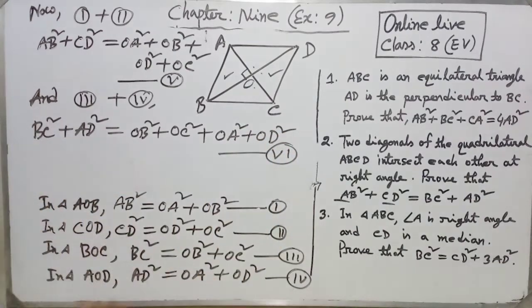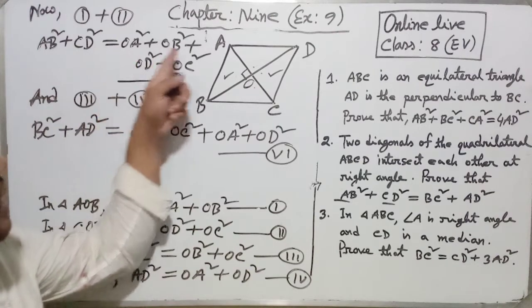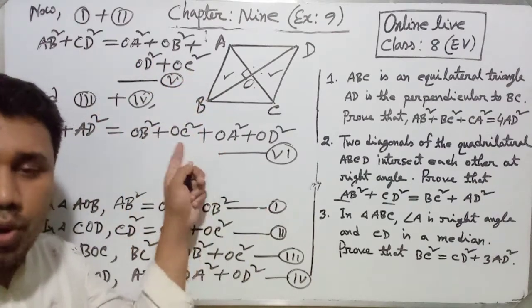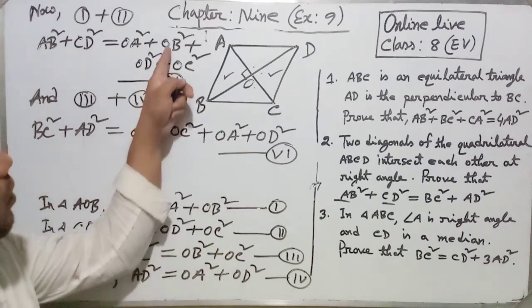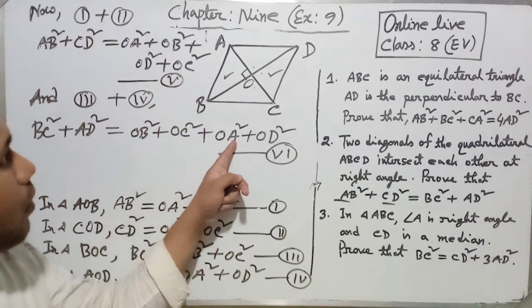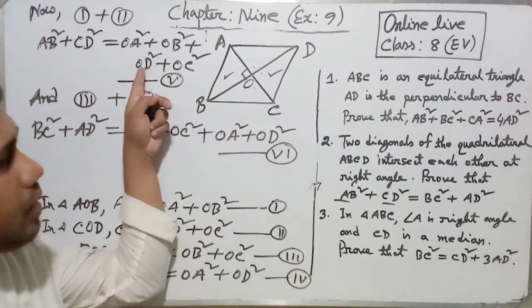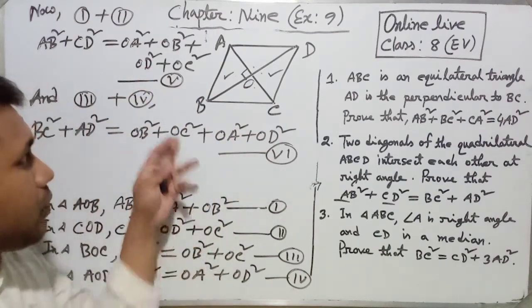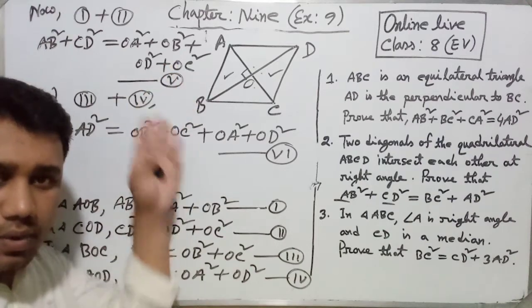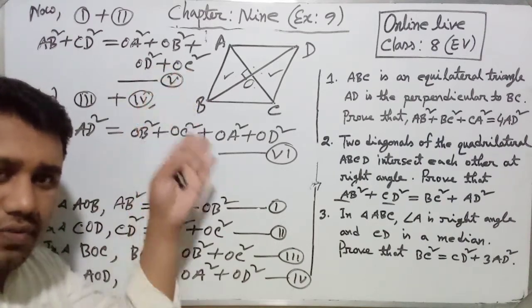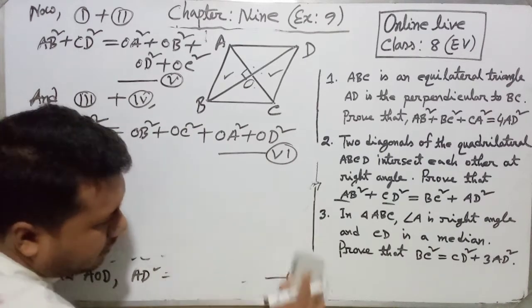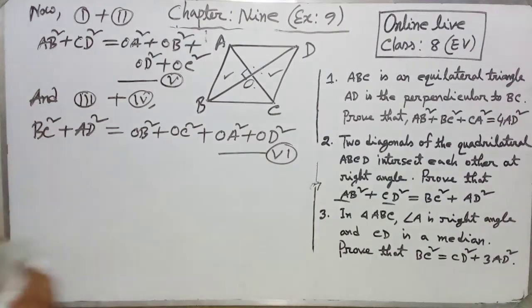Now dear student, look, equation number 5 their right side and equation number 6 their right side both are equal. Look, OB square, OC square, OA square, OD square. Their sequence is changing, but we can say both are same. So right side of equation 5 and 6 both are same.